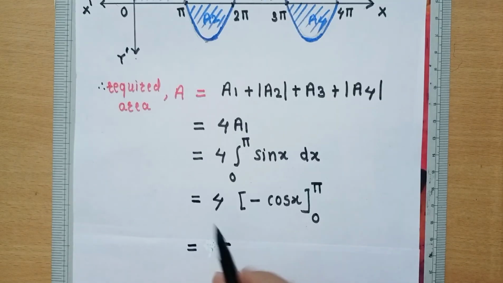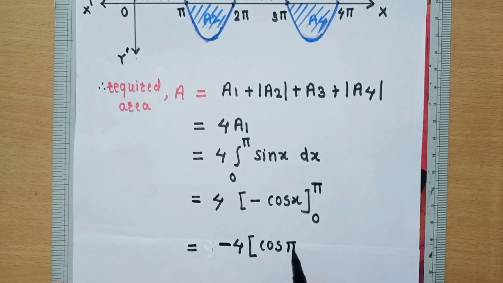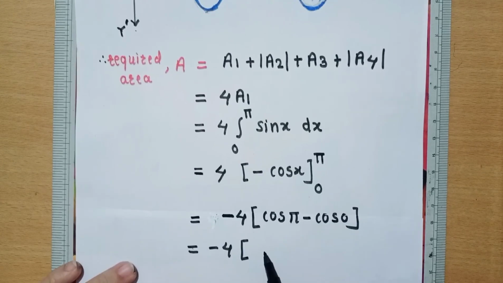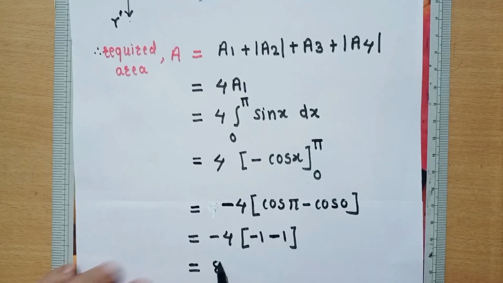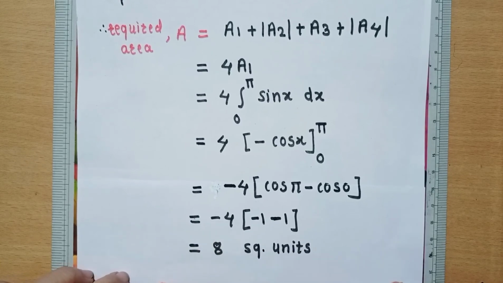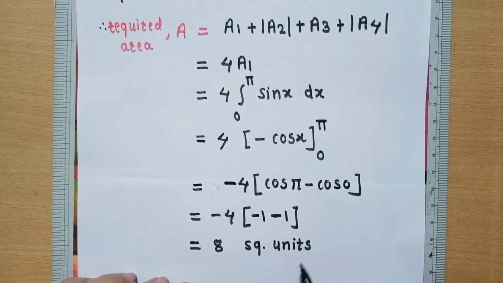Take this minus sign out, then 4, and substitute the upper limit and then the lower limit: cos of pi is minus 1 and cos of 0 is 1. So minus 1 minus 1 is minus 2, times minus 4 is 8 square units, the required area of the given sine of x curve between 0 to 4 pi.